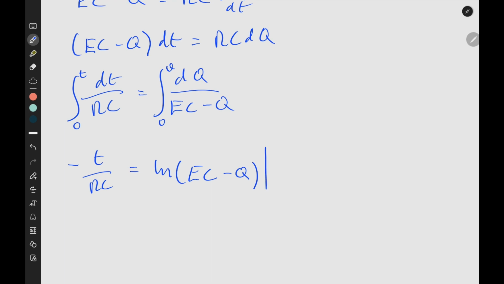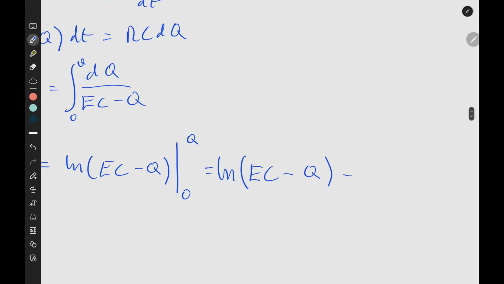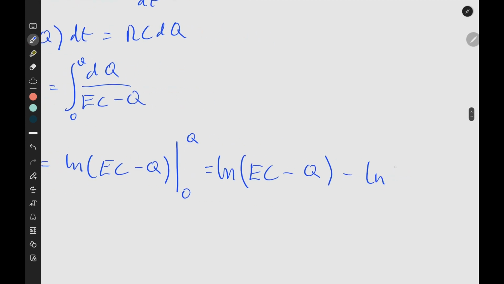Then we have to do this between 0 and q, which equals ln of EC minus q, minus ln EC, since when q equals 0 it's just EC.